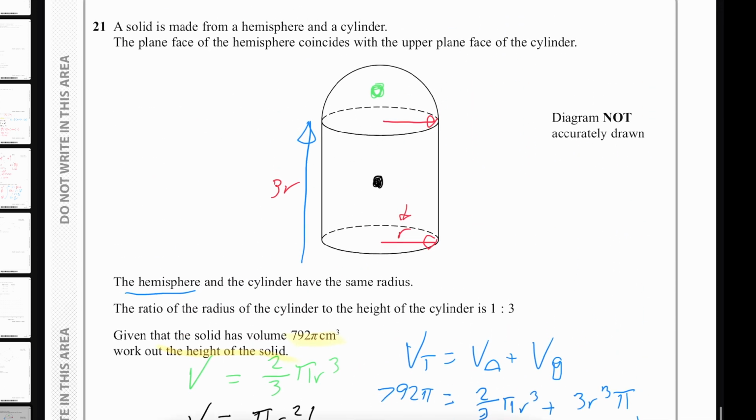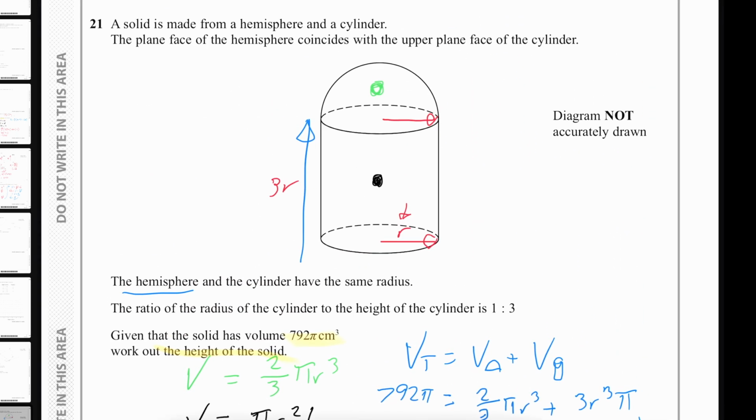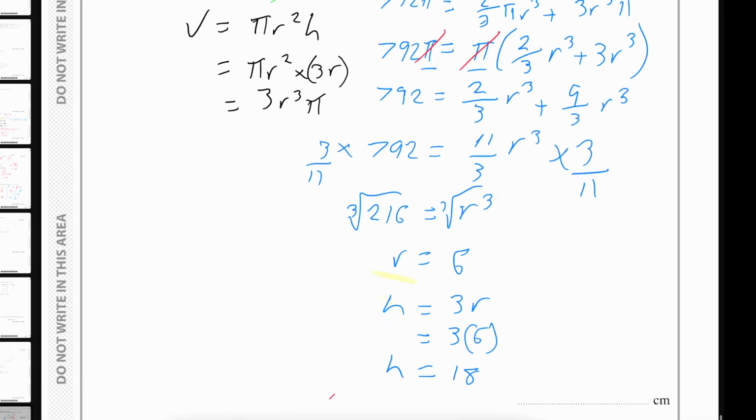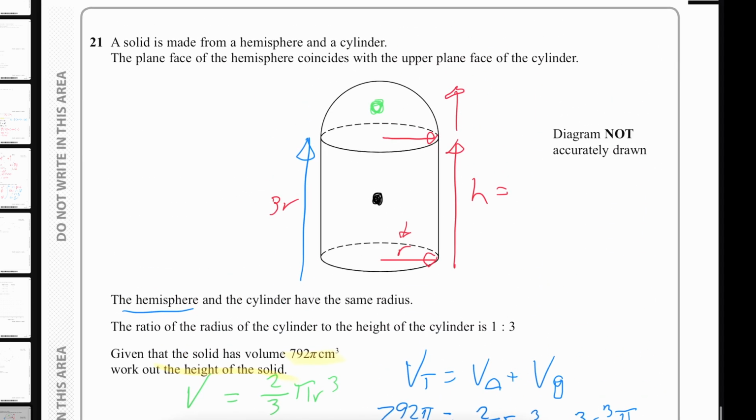Okay, and then as always, just make sure that you have actually answered the full question. It says, work out the height of the solid. So it's not just this height, it is the total height. So we've worked out what this height is, which we got down below as 18.